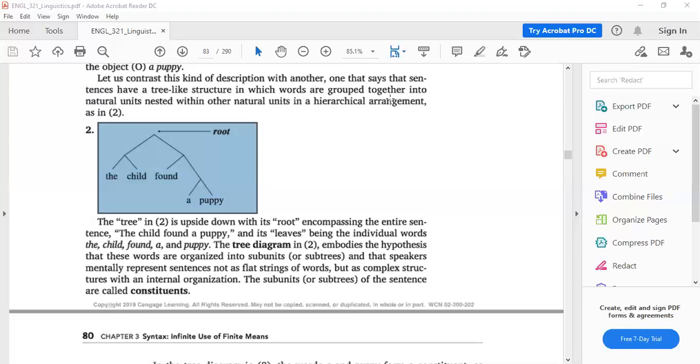Not مقلوبة the meal, الأكلة, if you are hungry, but upside down. So the root is at the top. Then we have the branches, the lines between nodes, and the nodes or the words. This is called a tree diagram.